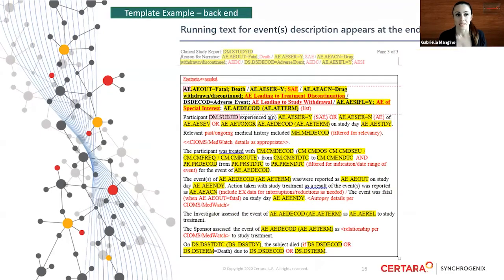So looking at the back end of a template, that's where you're going to see more of the running text to add in the description around your criteria event. So in these areas, oftentimes it's a little bit more tricky to just drag and drop in data, right? You don't want to drag and drop in every adverse event.